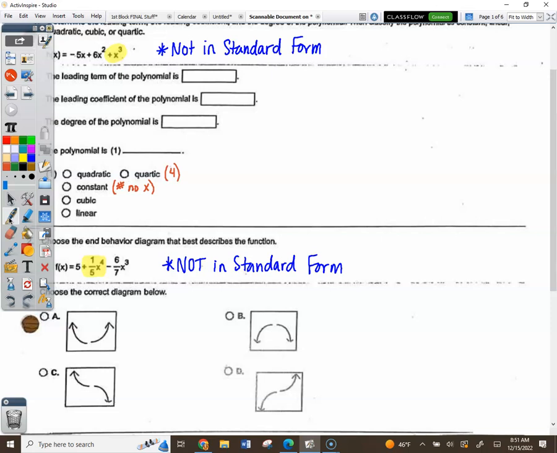Hit the pose, it'll help. And then if the leading term was negative, it would flip. But in this case, my leading term is even degree, which should make you think, oh, like a parabola. And then you look at the leading term sign, and it's positive, so it's definitely opening up both ends, right? So A.